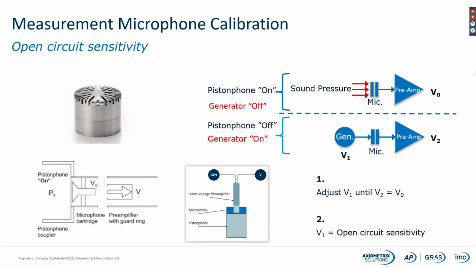When V0 is equal to V2, we can measure V1 with a voltmeter, because V1 is equal to the open circuit sensitivity, equal to the pressure level the microphone is seeing at the diaphragm.